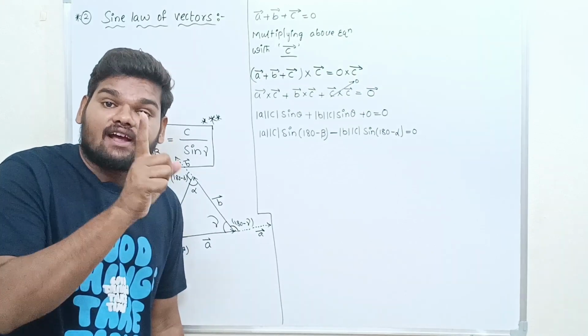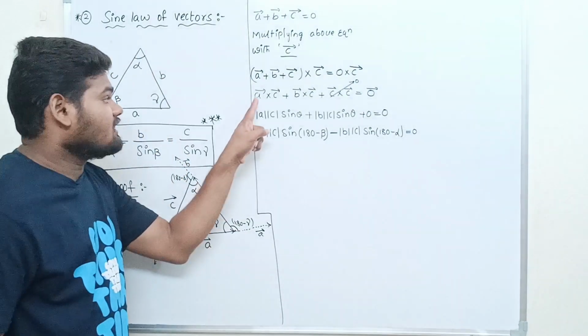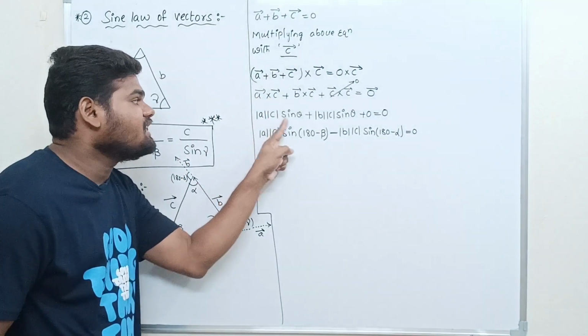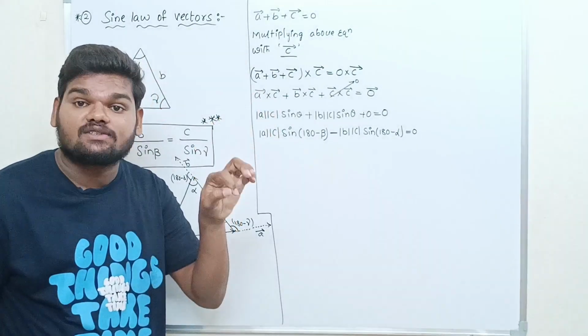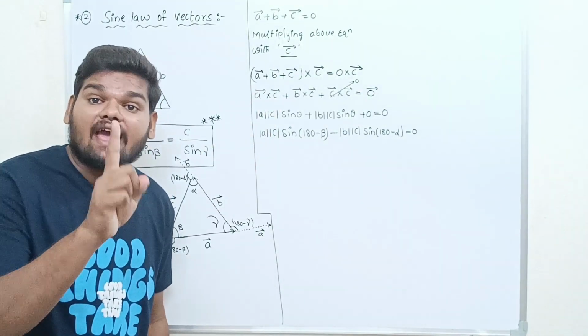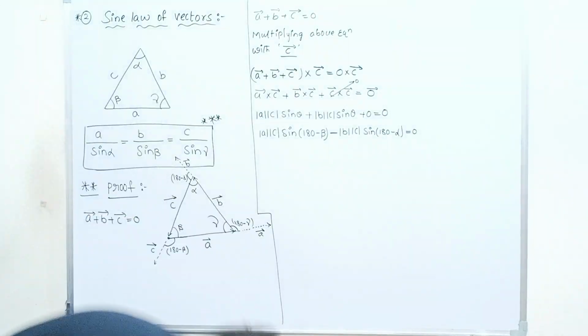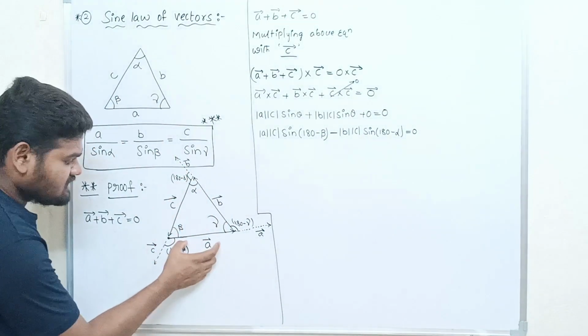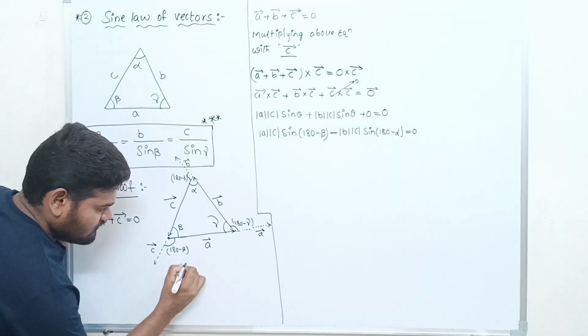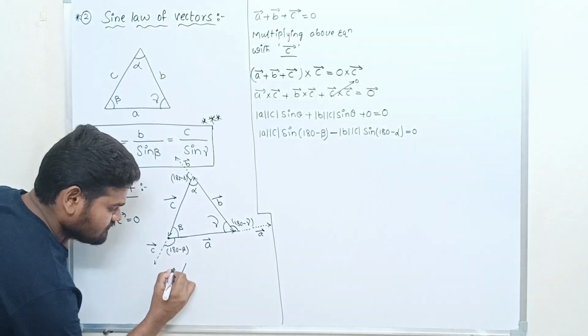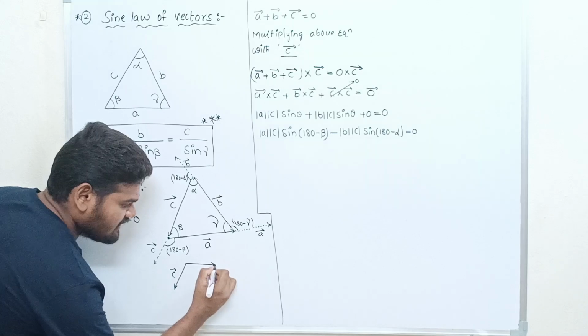In a previous lecture, I told you that to find the resultant of the cross product of any two vectors, we have to use the right hand thumb rule. Have a look at this figure. This is the c bar vector and this is the a bar vector.